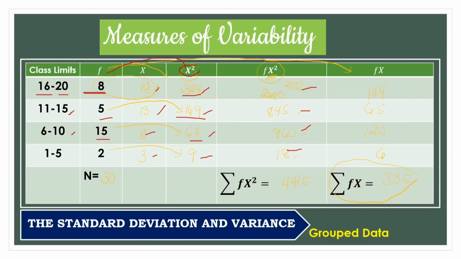And lastly, for the last column, we simply multiply our frequency and the class mark. So 8 times 18 is 144. 5 times 13 is 65. 15 times 8 is 120, and 2 times 3 is 6. Add all of those to get 335. So we have the sum of f times the class mark, and the sum of the product of the frequency and x squared.